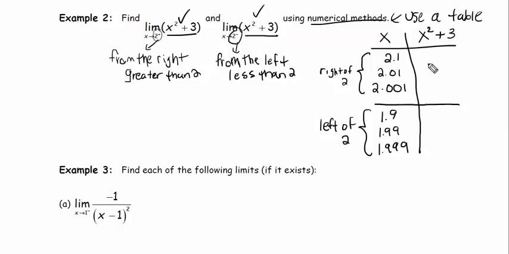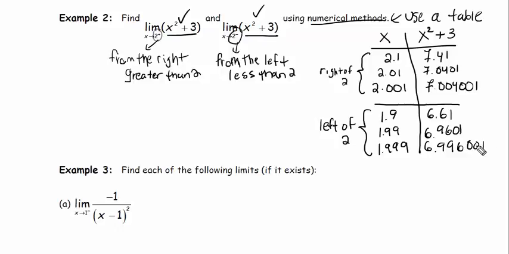And if I substitute these in, 2.1 squared plus 3. Now, if you don't want me to spoil it for you, you can pause the video for a second, but this will be 7.41, 7.0401, 7.004001. This will be 6.61, 6.9601, and 6.996001.